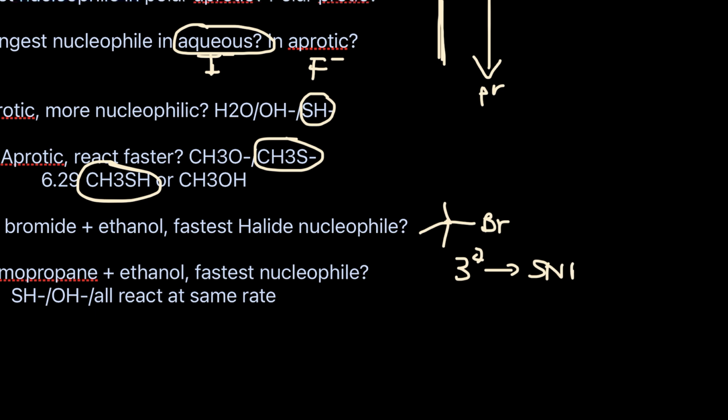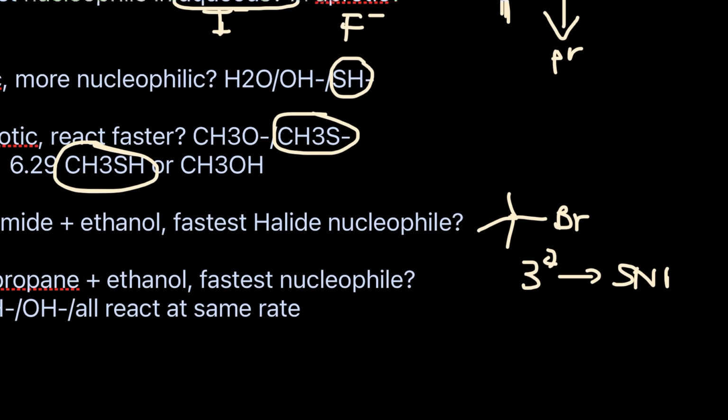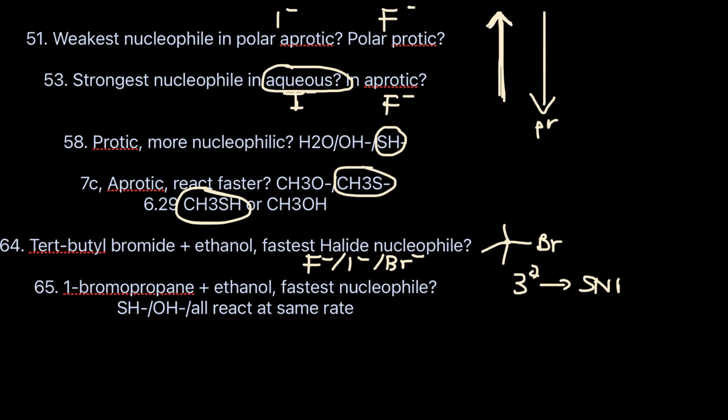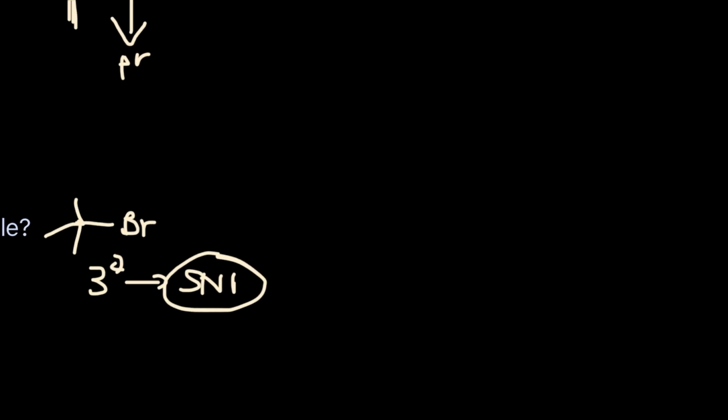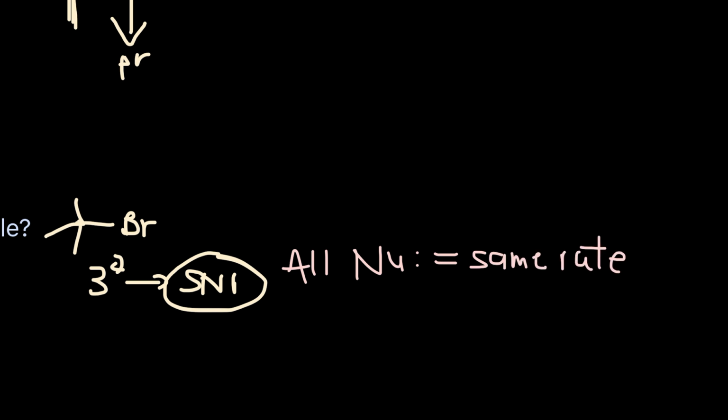What is the fastest halide nucleophile? And this was a multiple choice. You had fluoride, iodide, bromide, but this is a trick question as well. There's also the option that all of these three will react at the same rate. And that's actually the right answer, okay? Because this is SN1, all nucleophiles react at the same rate because the nucleophile is not in the rate expression.